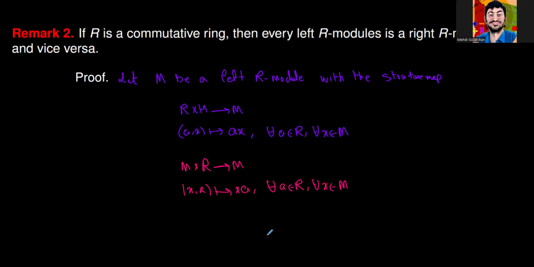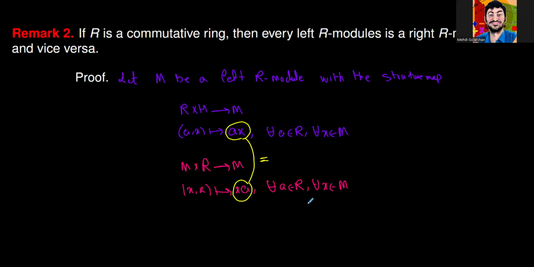Let's define this guy, which is equal to this guy because they are in the ring, and the ring is commutative. And here ax is the left module structure, scalar multiplication.